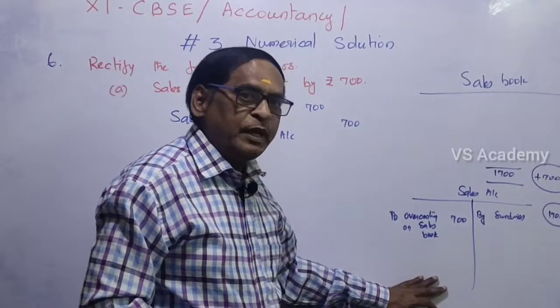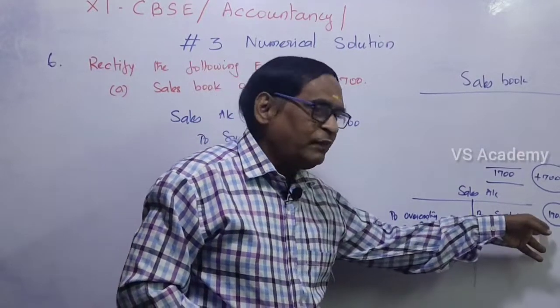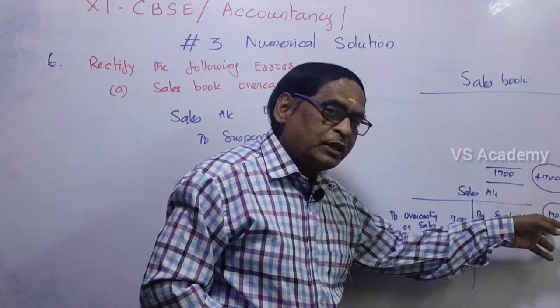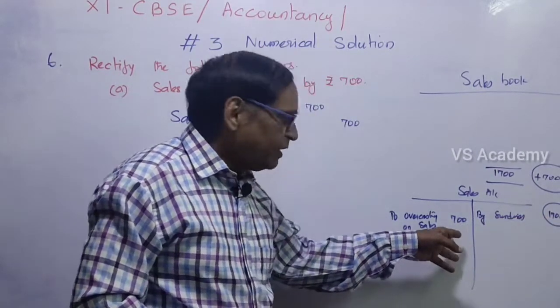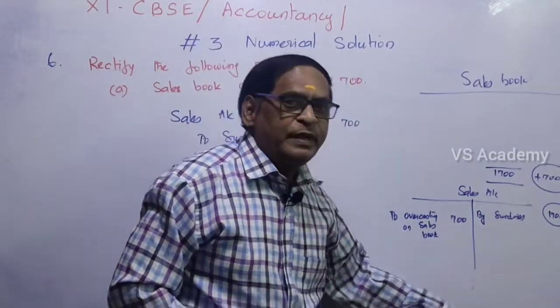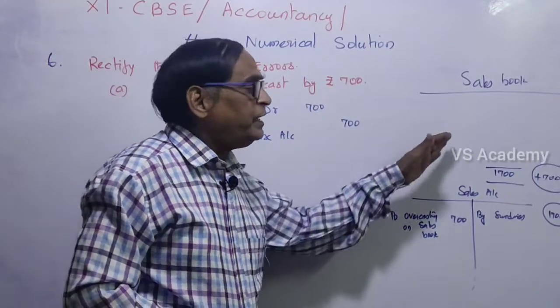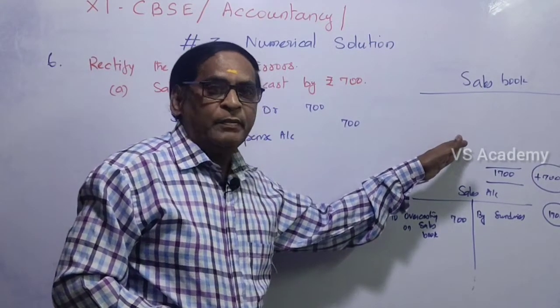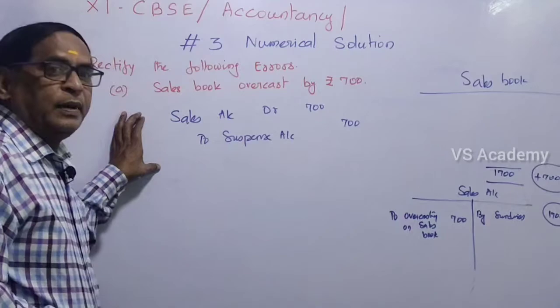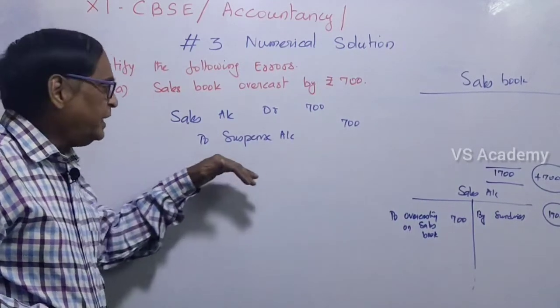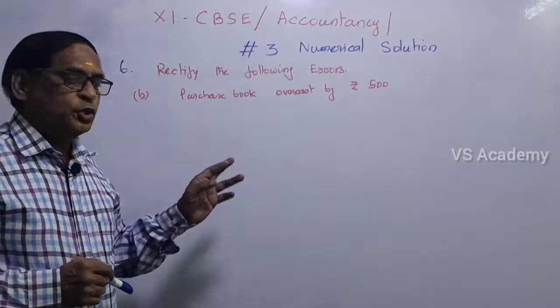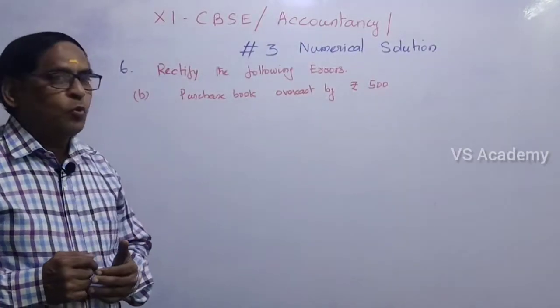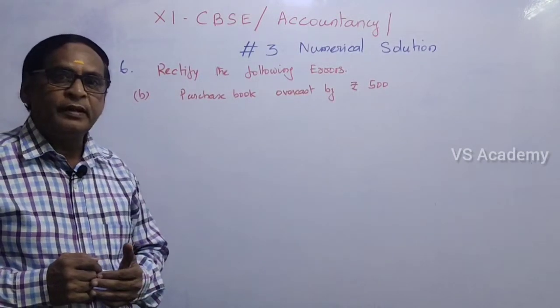The actual entry should be 1000 rupees, but we have entered 1700 rupees. If we enter 700 rupees, the balance will be tallied. Understand? So if it is before trial balance, this is the entry; if it is after trial balance, that has to be adjusted in suspense account.